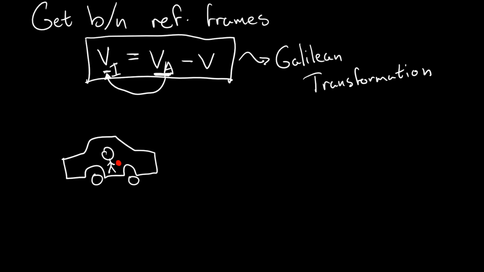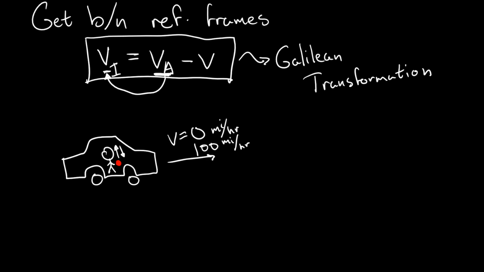So if I throw this ball up in the air, as long as the car is moving at a constant velocity, the ball is always going to come straight back down. That could be if the car is moving at 0 miles per hour, or it could be if the car is moving at 100 miles per hour.